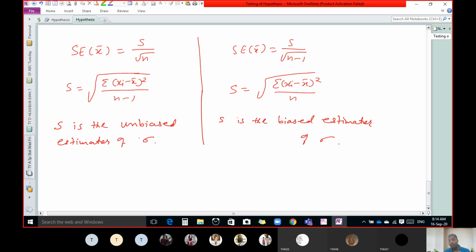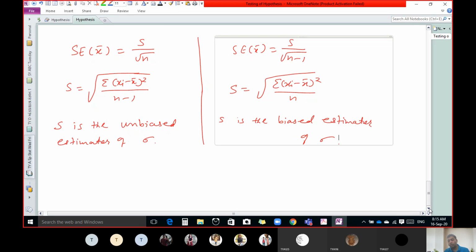The concept regarding unbiased and biased estimators is the point of estimation. There are two uses of a sample, one for estimation and the other for testing. Right now we are discussing testing, but in the topic of estimation theory it is clearly mentioned that if you use this formula, then it becomes an unbiased estimator, and if you use this formula, then it becomes a biased estimator.